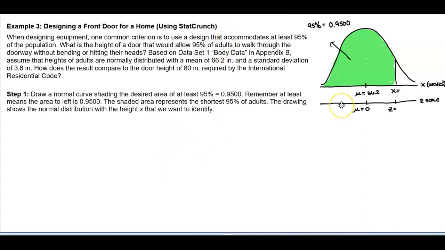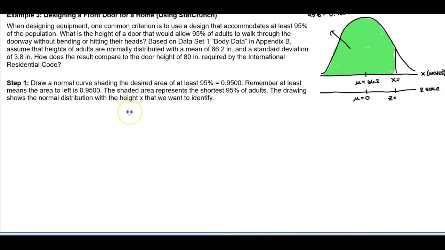So we have drawn the normal curve, and we shaded the desired area to be 0.9500. And remember, at least means the area to the left of 0.9500. So the shaded area represents the shortest 95% of adults. Now the drawing shows the normal distribution with the height x that we want to identify.